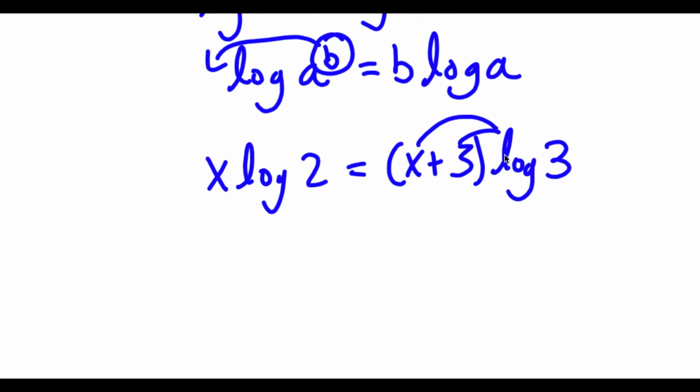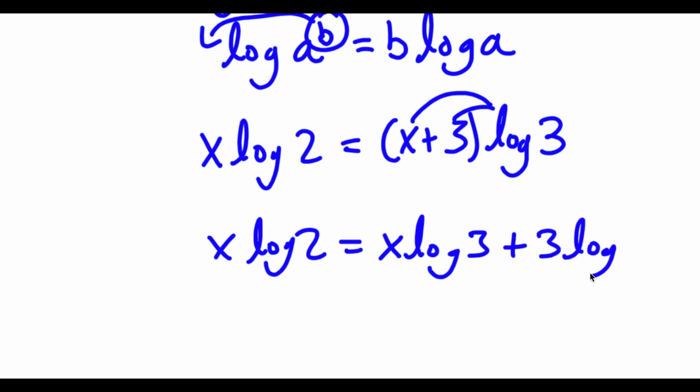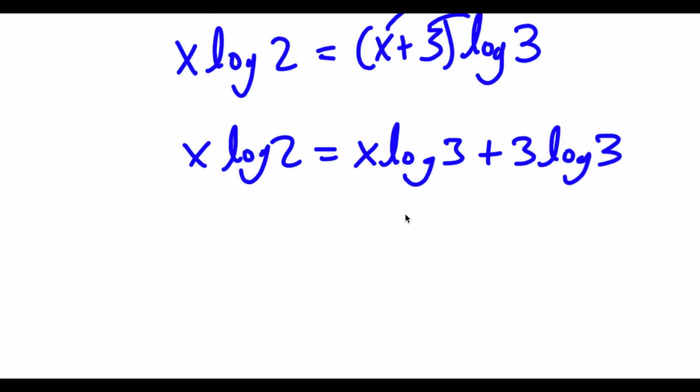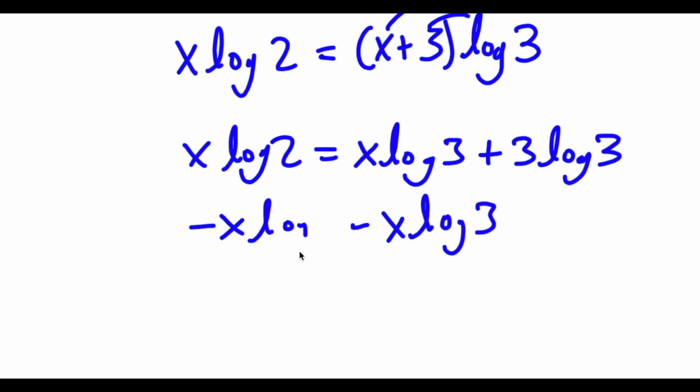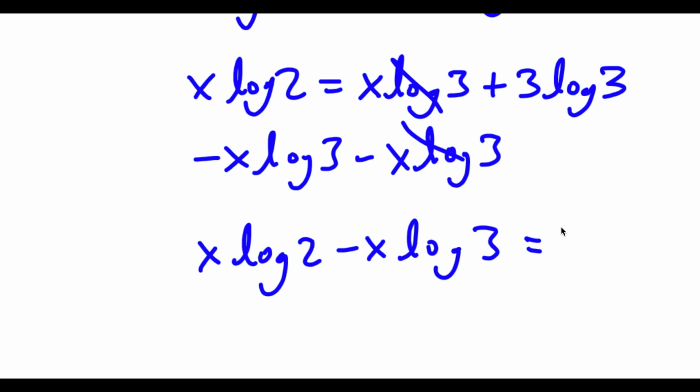Now if I distribute log 3, I get x times log 2 is equal to x log 3 plus 3 log 3. Now I'm going to subtract x times log 3 on both sides. So these two cancel out, and I get x log 2 minus x log 3 is equal to 3 log 3.